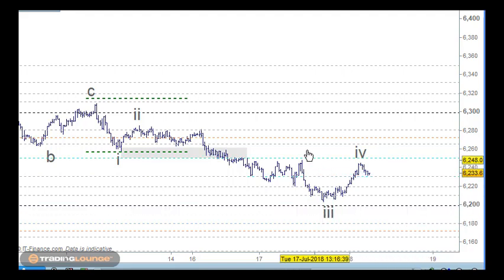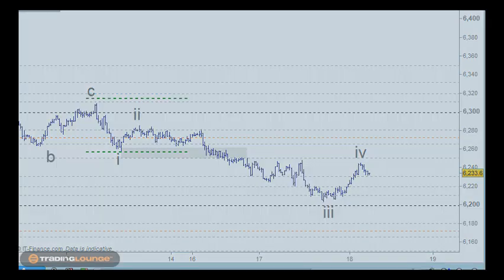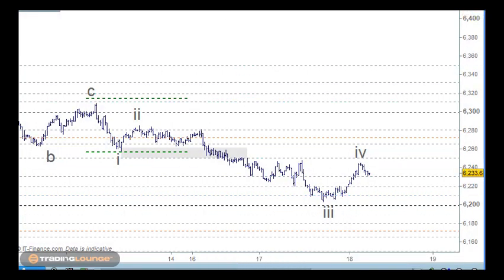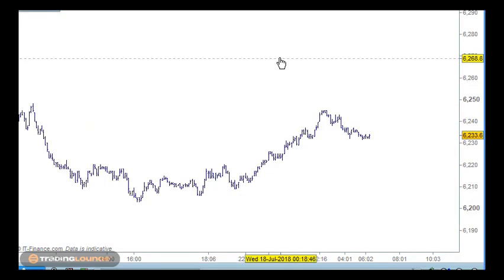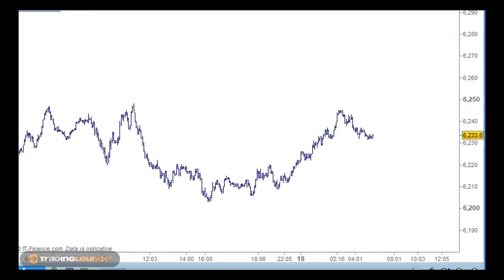But this little move to the upside here, I just want to go into here, I'll just Control-save that. So there's a couple of ways that we can count this. I just want to study this little bit here and work that a little for the day traders. So I'll just go to 20 ticks. Okay, so first of all, our levels.